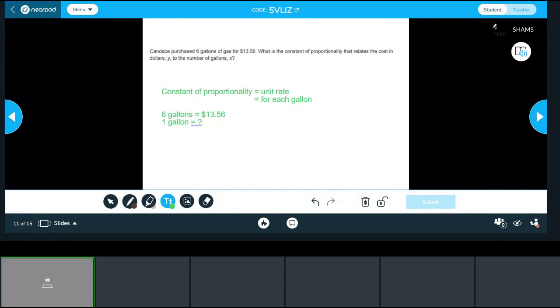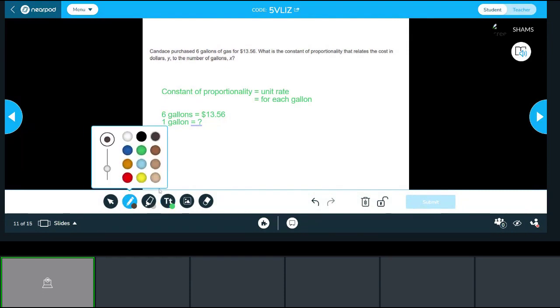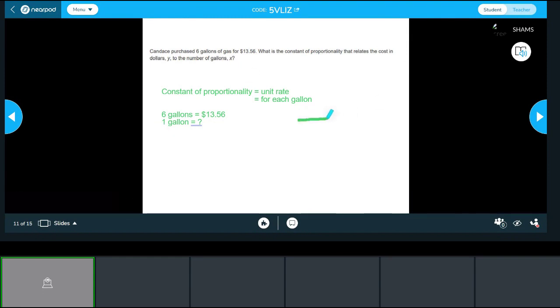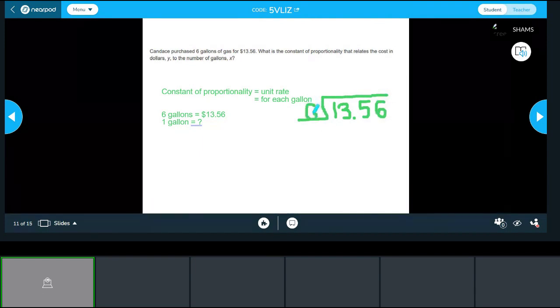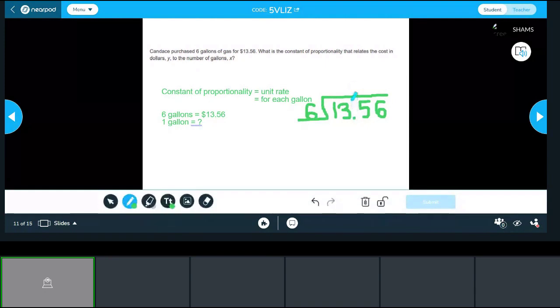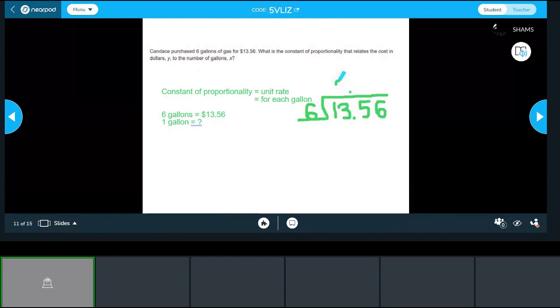Let's go ahead and divide over here. $13.56 divided by 6. I'll line up the decimal first. How many 6 can go into 13? 2. And that is 12.